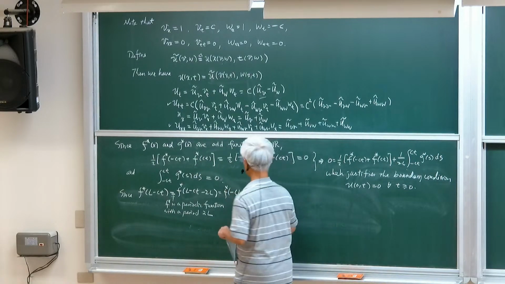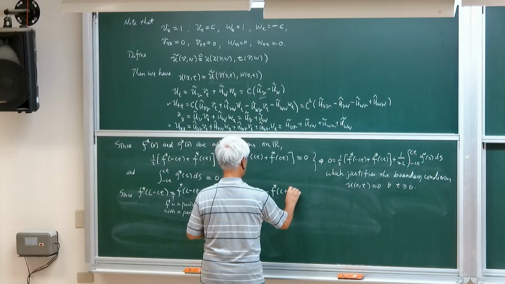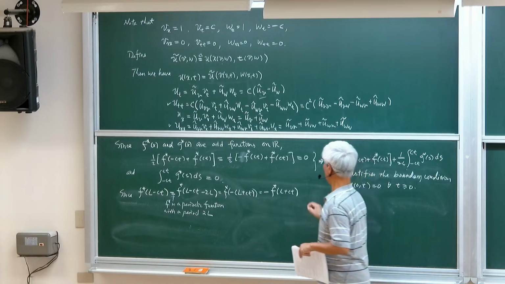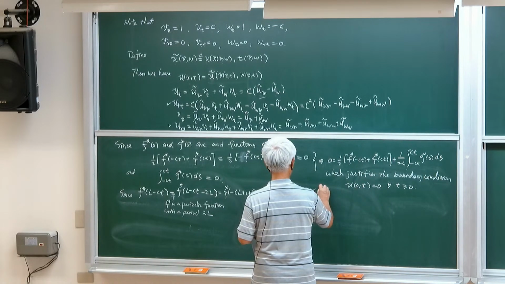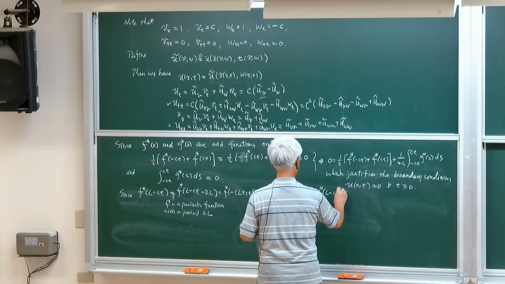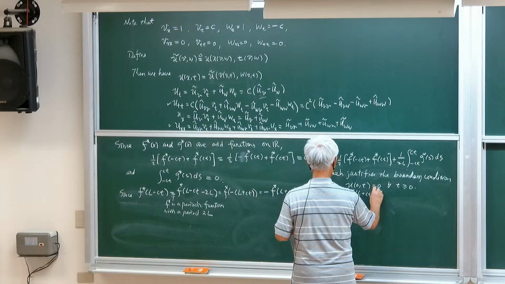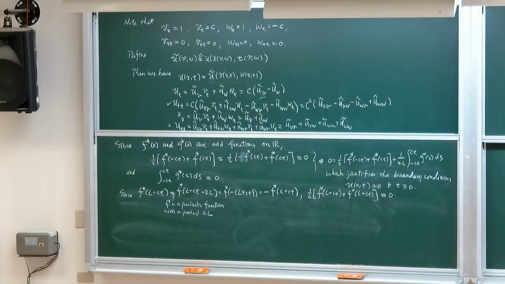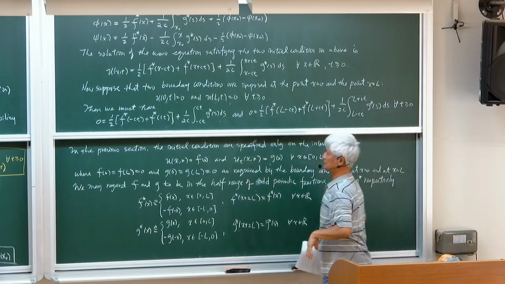Now, because f star is an odd function, this is minus f star of L plus ct. So the half of f star L minus ct plus f star L plus ct becomes 0. So now this term here is 0. Now we check the other one.